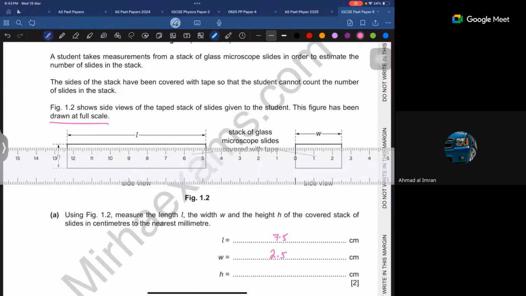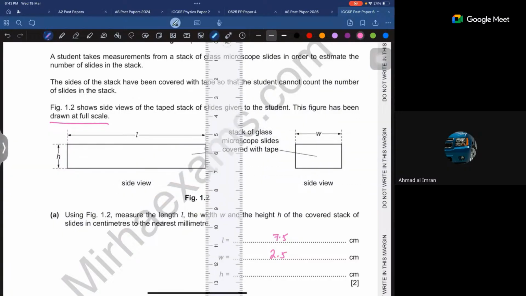Then I have the height, which is going to be, I think this is the height, which I believe is 1.3, about 1.3. Yeah. Okay.